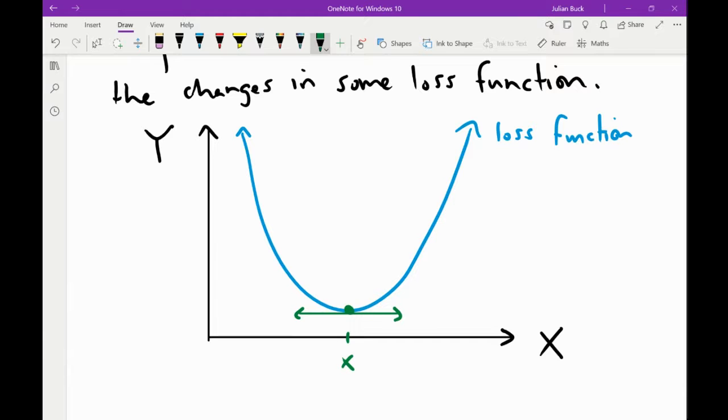And what we see visually is at that point where we have slope 0, this is what we call a global minimum for the loss function. It has a minimal value, response value y.